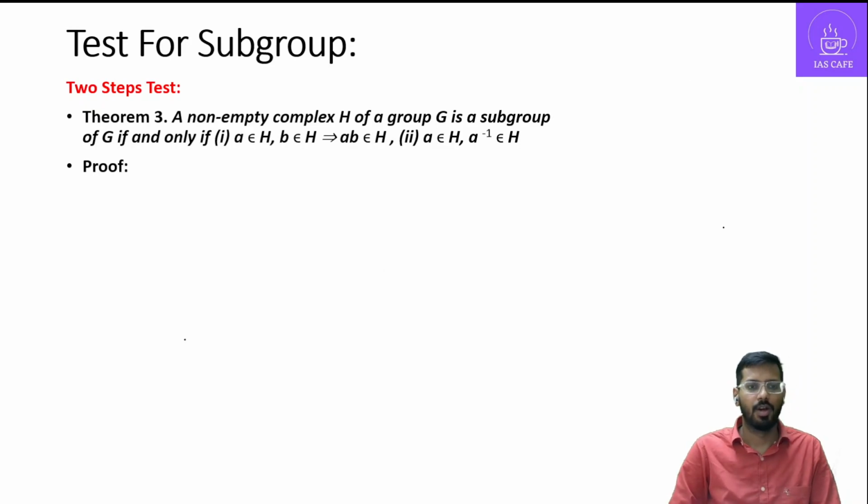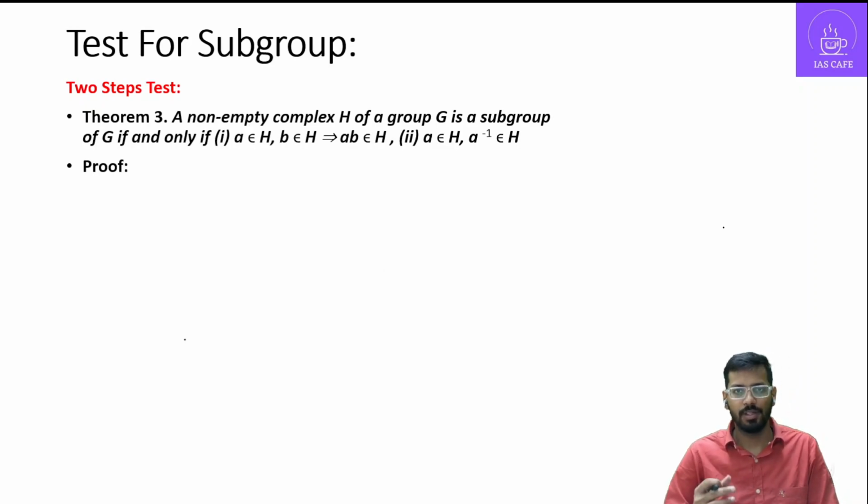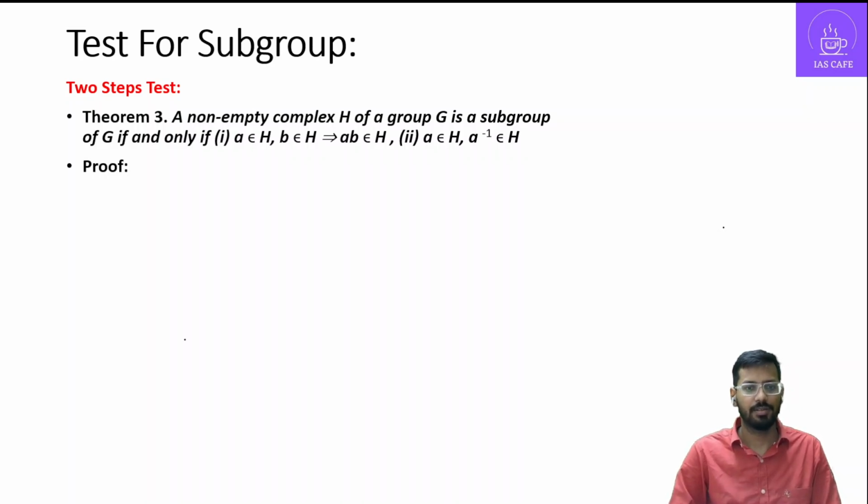Now next is the subgroup test. First is the two-step test, then the second is the one-step test. In this test, if we have a group G and a subset H of G, then we have to check whether this subset is a subgroup or not.